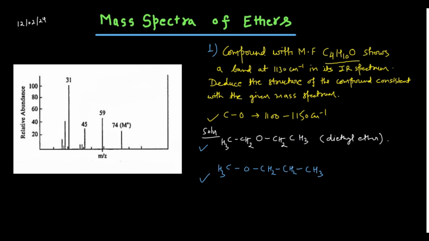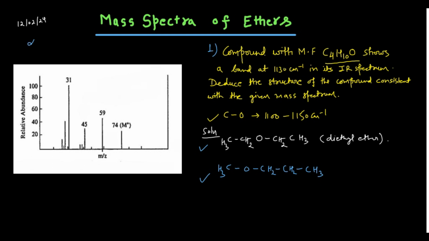But you have to decide whether the correct structure consistent with this particular mass spectrum is this one or this one. So please remember, I am going to discuss a very important thing here. First of all, you should know what kind of fragmentation pattern or cleavage there is in the case of ethers.